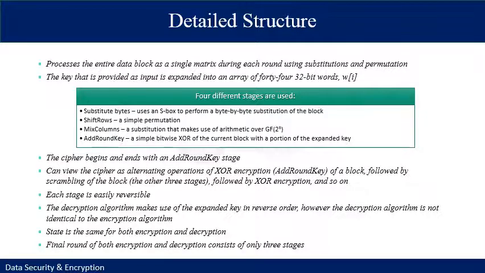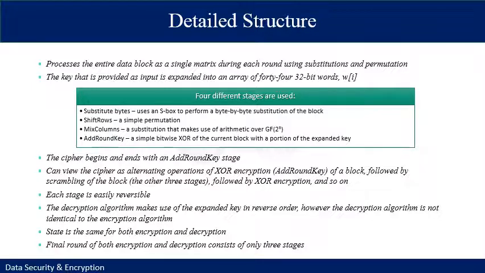So before diving into the details, we can make several comments about the overall AES structure. One noteworthy feature of this structure is that it is not a Feistel structure discussed in lecture number 5, 6 or 7. Recall that the classical Feistel structure has half of the data block used to modify the other half of the data block, and then the halves are swapped.